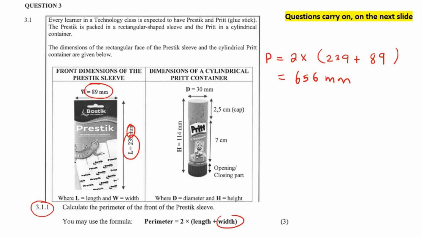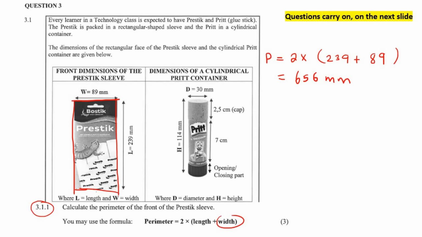Here we're just measuring perimeter, which is what we're actually doing, the distance all the way around. We're just saying this number plus this number plus this number, which would be the same as 89, plus this number, which would be 239.